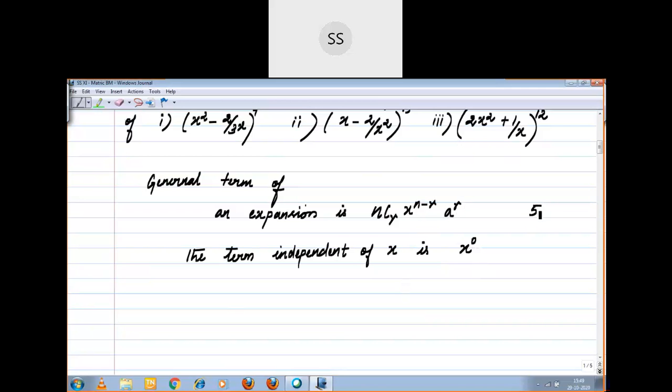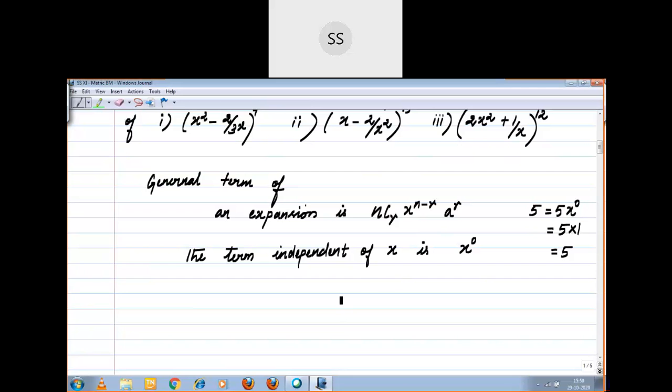How am I saying it is an independent term? I can write 5 as 5 into x to the power 0. I expressed it along with x, but at the same time I won't disturb the number 5, because anything raised to 0 is 1, so 5 into 1 equals 5.